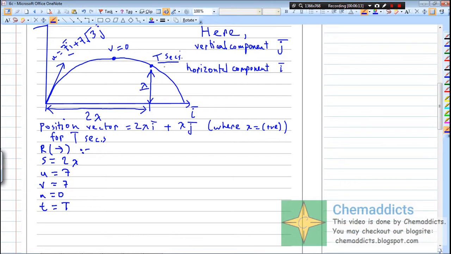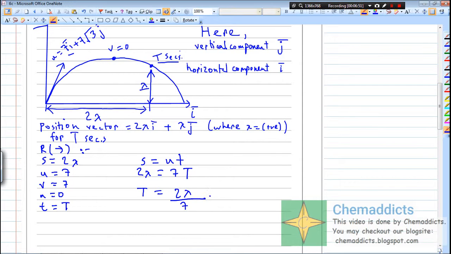Since the velocity is constant, we will use the equation s equals ut. Let us substitute the values. u would be 7, and this is t. Let's make t the subject: t equals 2 lambda divided by 7.